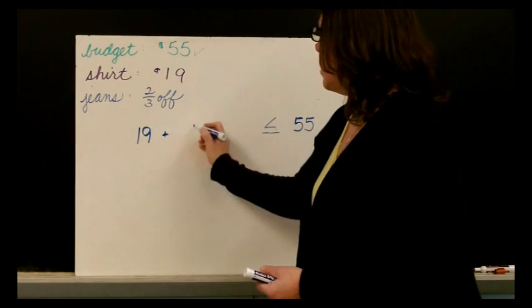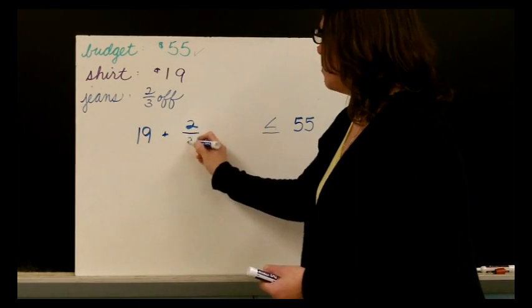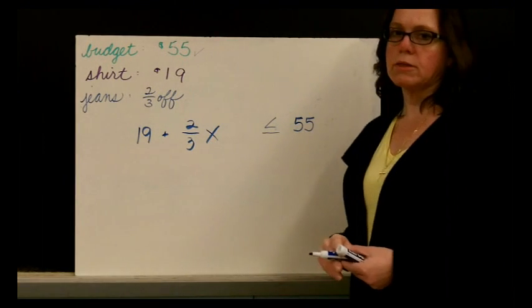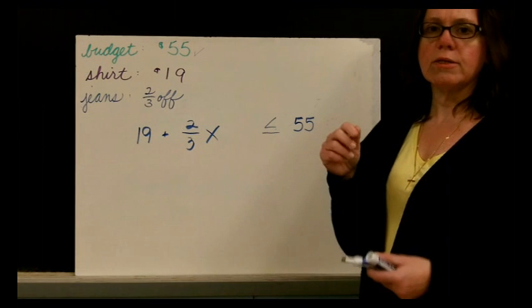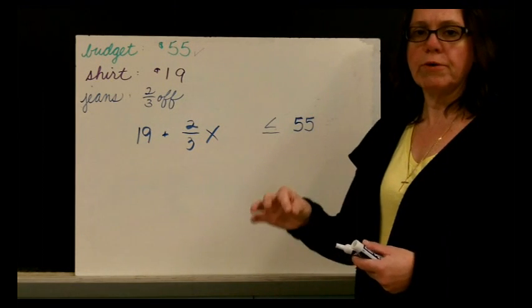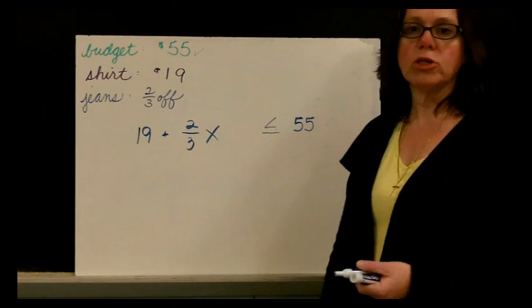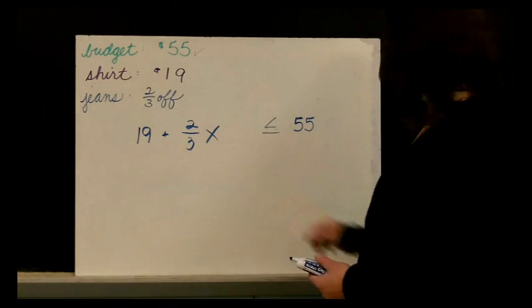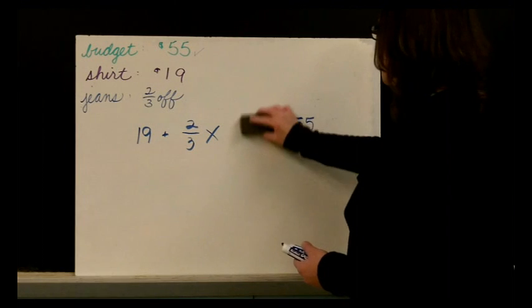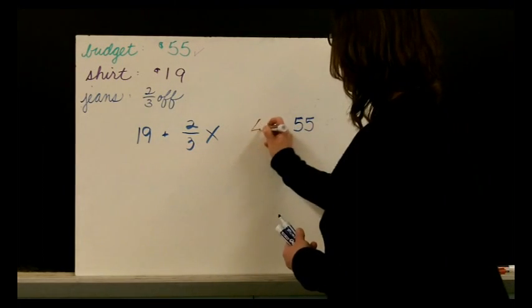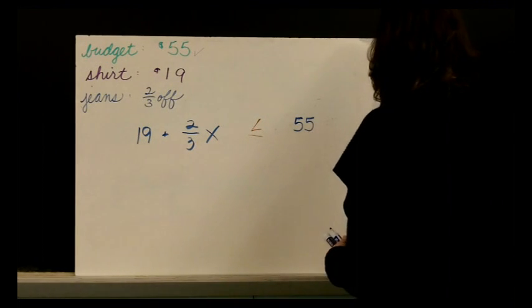And we know that we can buy a pair of jeans, and we're going to take off 2/3 of the price. When we hear that something is 2/3 of something, that "of" indicates to us that the operation is to multiply, and so that's why I have 2/3 times x. Just want to remind us that this is less than or equal to.